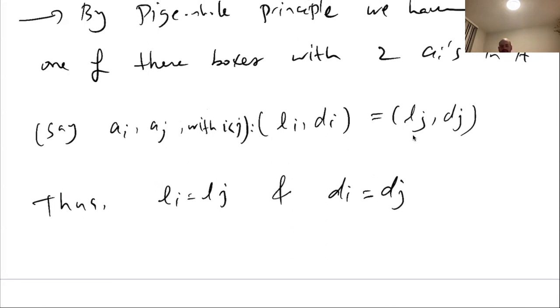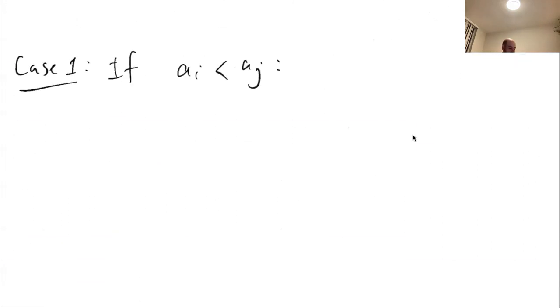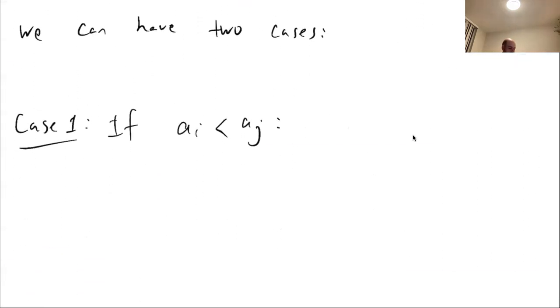For two indices, one of them is less than the other one. The smaller index I call I, and the bigger index I'm calling J. So if AI is less than AJ, what will be the contradiction? Remember, I'm doing proof by contradiction. I need to have a contradiction here.